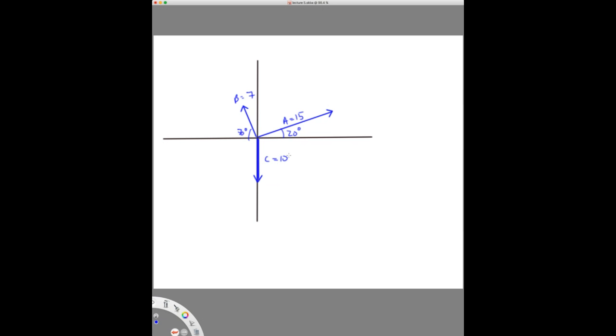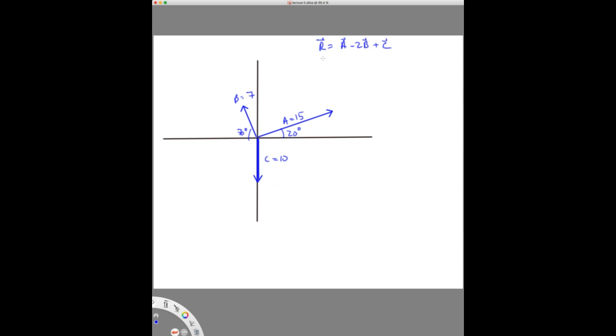And we want to find the sum, which would be, maybe we could do A minus 2B plus C. So this is now a vector equation. How do we do it? Well, the key is to find Ax and Bx and Cx.